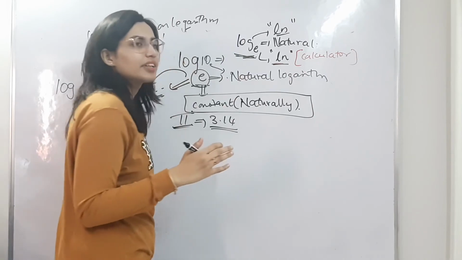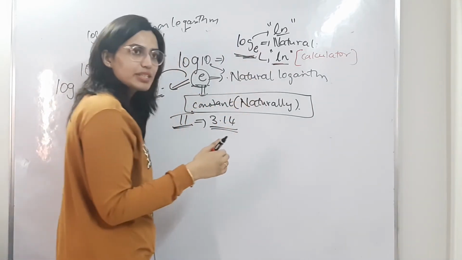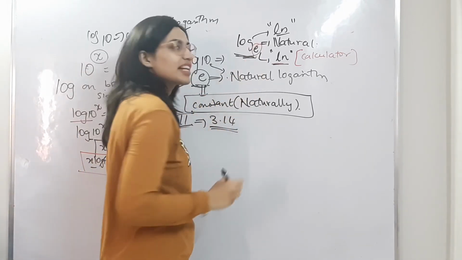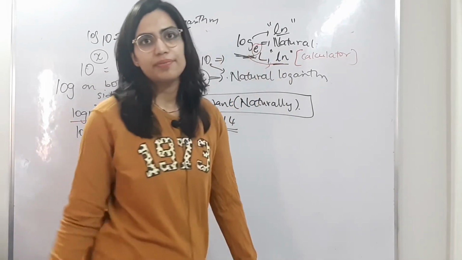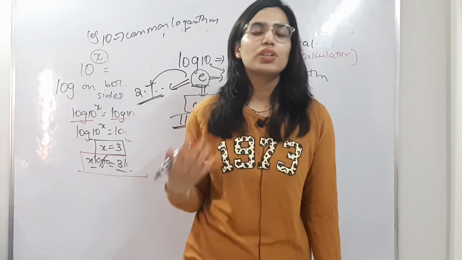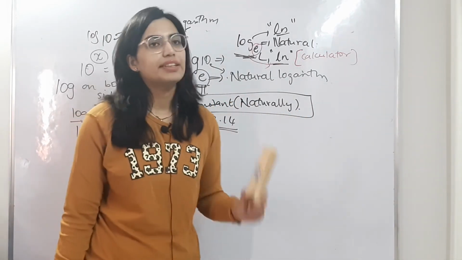So whenever we have log, it means that it has some base but is commonly used as 10. Whenever we have ln written here, it is a natural logarithm. So these two are the usually and commonly used bases across the globe whenever we deal with logarithms.